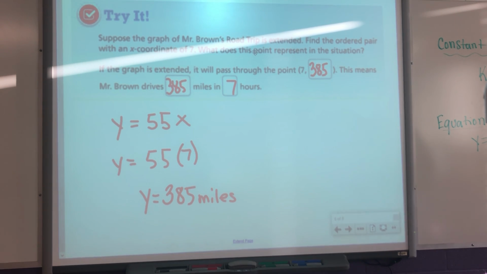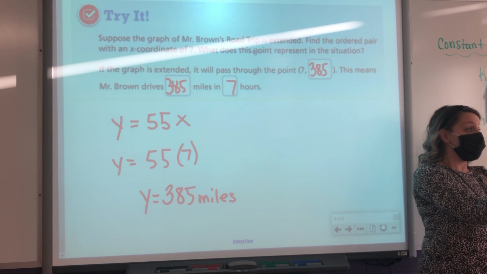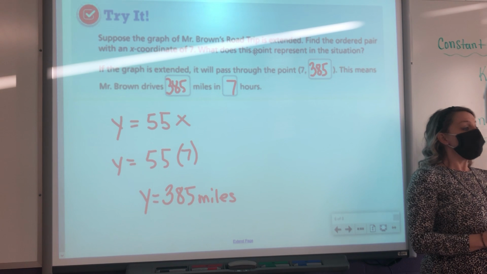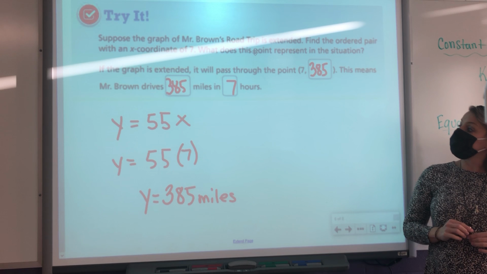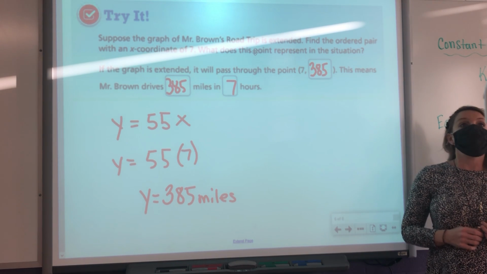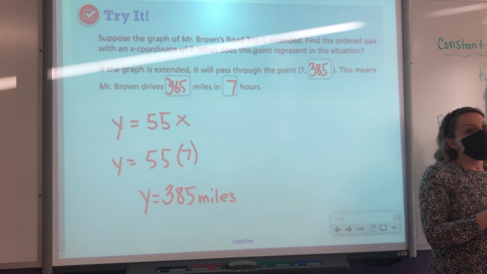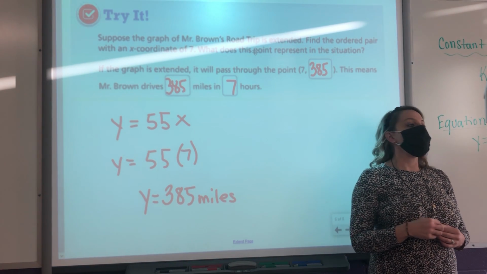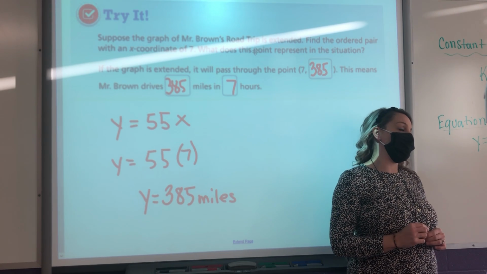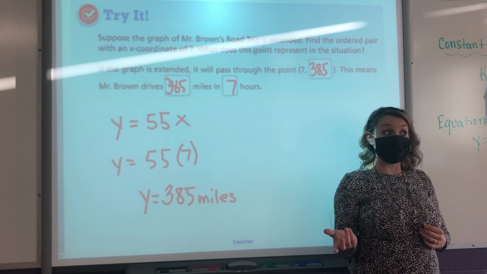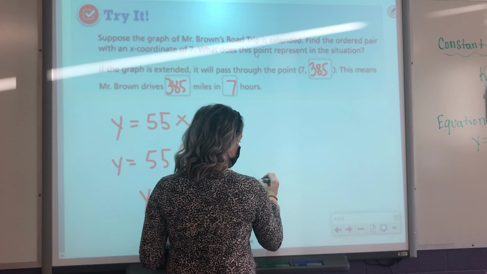Are we seeing how our graph, our constant of proportionality, our equation, we see how everything's meshing? Okay, yes. Like on the test, would you take off points if we just wrote y equals 385? I usually like the context of it. Would I take off points? Not necessarily, because actually on the state test they don't require you to label.